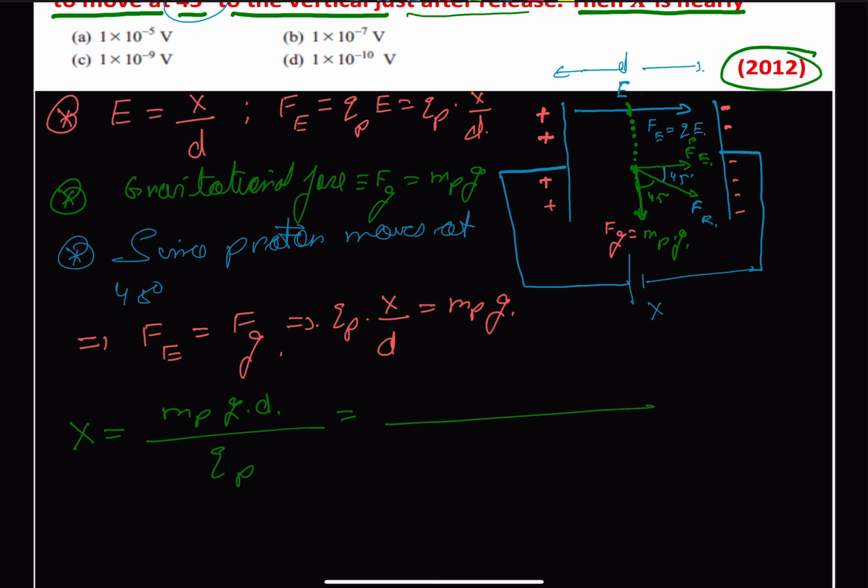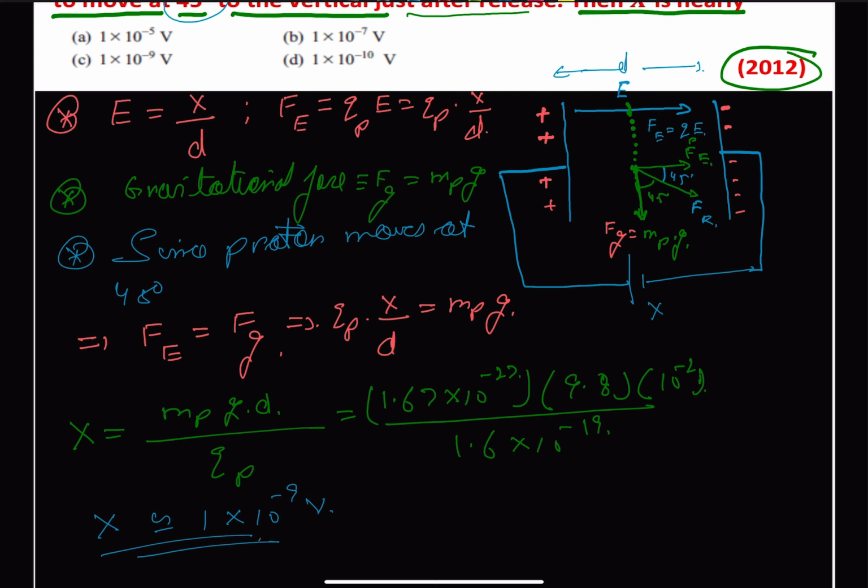Mass of proton is 1.67 into 10 to the power minus 27 kg. g is 9.8 and d is given as 1 centimeter, so this comes as 10 to the power minus 2 meters. And charge on proton is 1.6 into 10 to the power minus 19 coulomb. So this gives us that X is approximately equal to 1 into 10 to the power minus 9 volts.